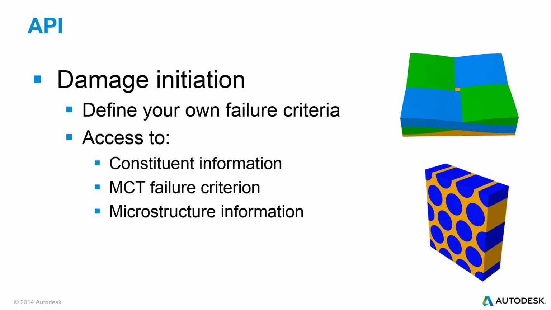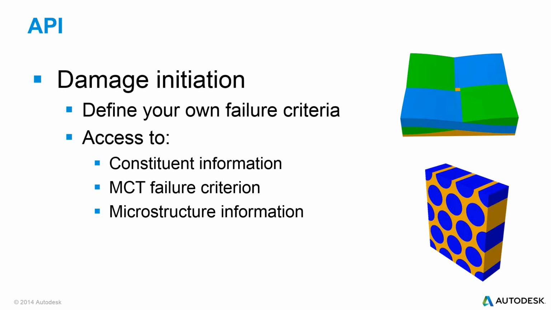So we've allowed users to access constituent information, which means they have access to fiber and matrix stress and strain fields for both woven composites and continuous fiber unidirectional composites. You also have access to our own MCT failure criteria. Once you have the information at the fiber and matrix level, you can ask what our failure criteria would say the failure mode is, as well as the resulting ratio to failure.